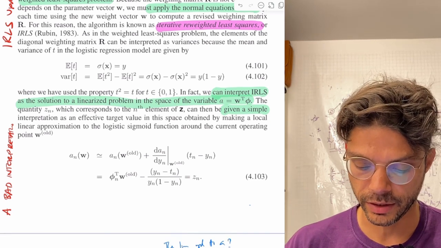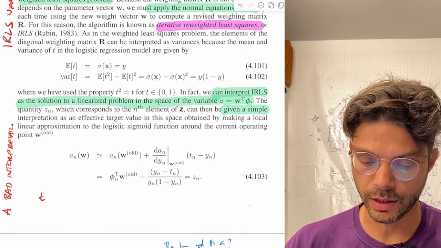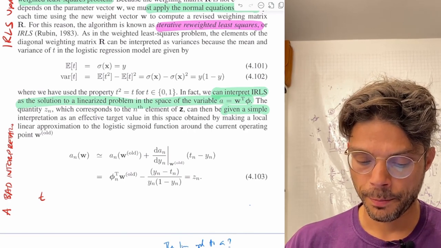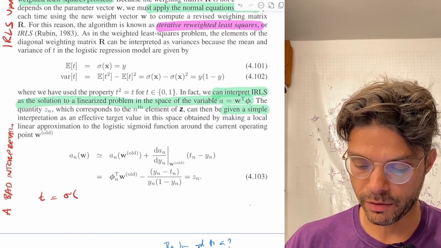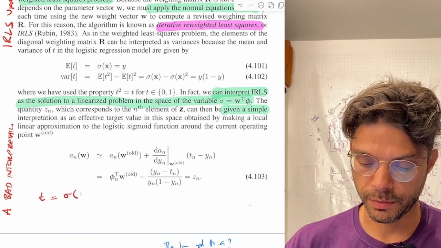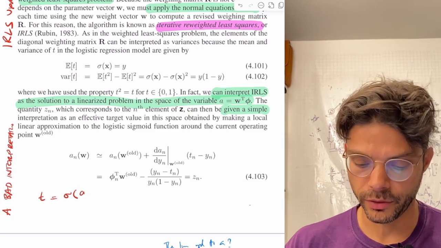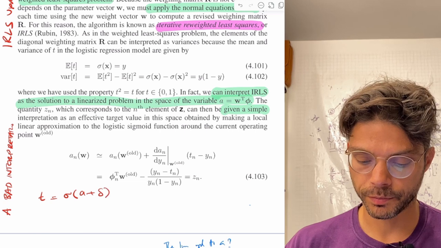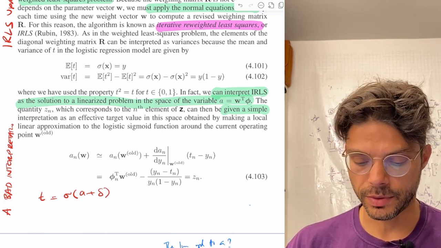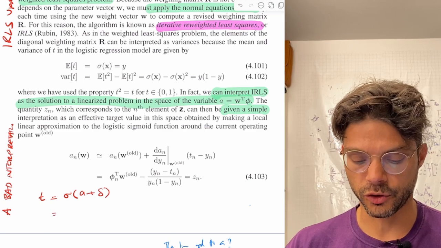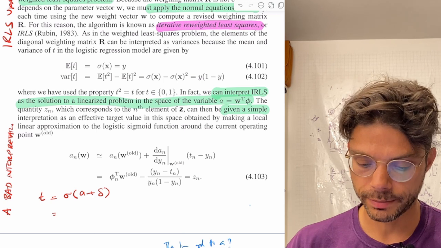So basically, you've got some targets t, and we can just do it for a single variable. We want to say this is going to be equal to sigma of our current value a plus some delta. We want to set the delta such that this condition holds, so that our outputs are the ones that we want.